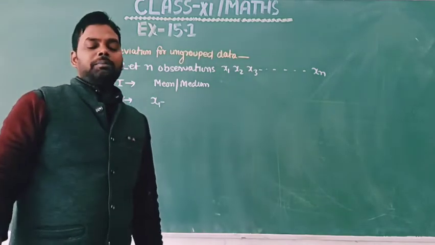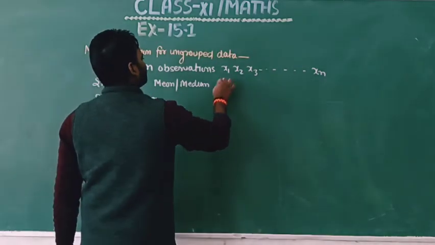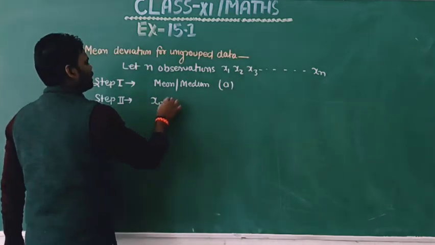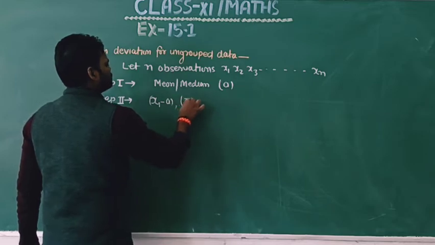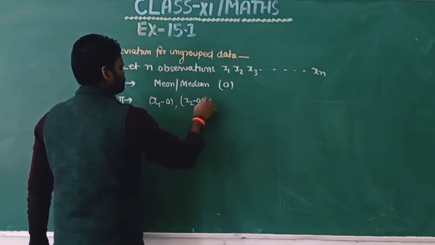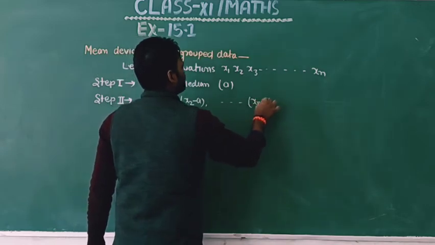Suppose the mean or median, a fixed number, is a. So find x1 minus a, x2 minus a, up to xn minus a.